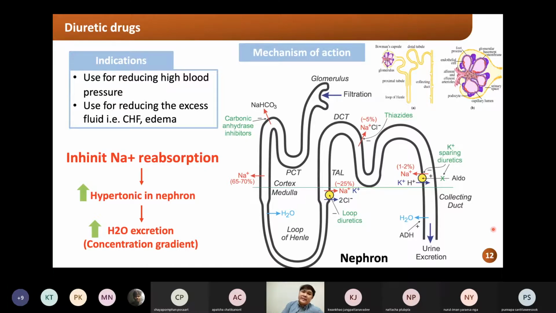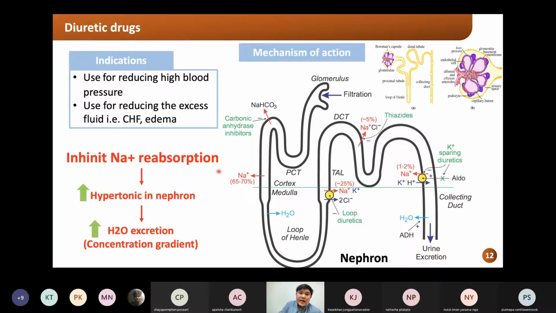mostly, diuretic drugs inhibit sodium reabsorption at the nephron in our kidney. Eventually, if the sodium isn't reabsorbed back into our body, the sodium will be filtered through the nephron, like the lumen of the nephron, and excreted out as urine.